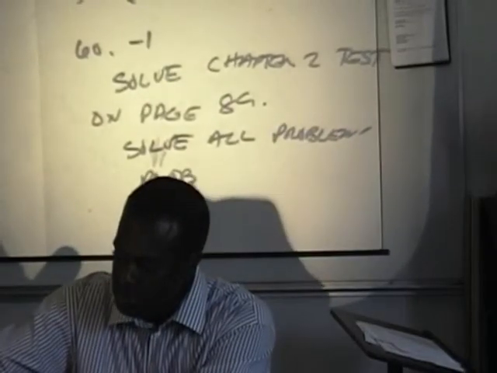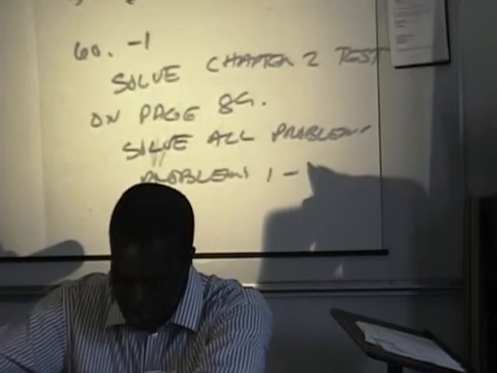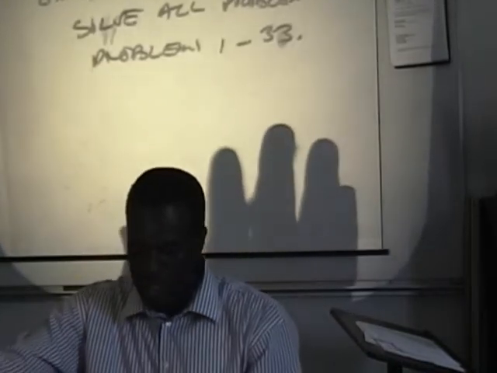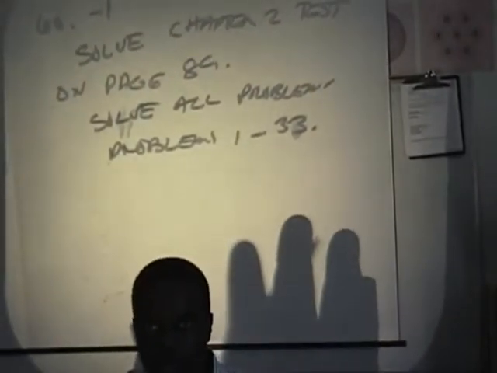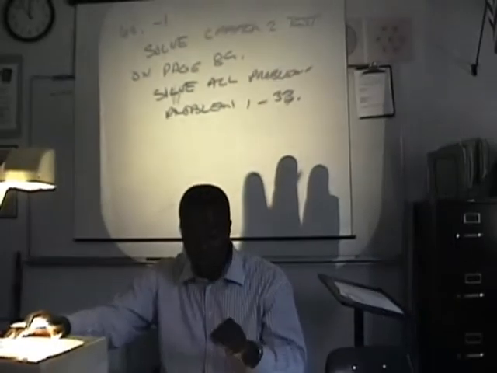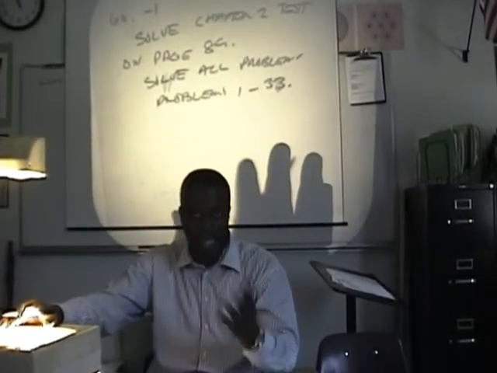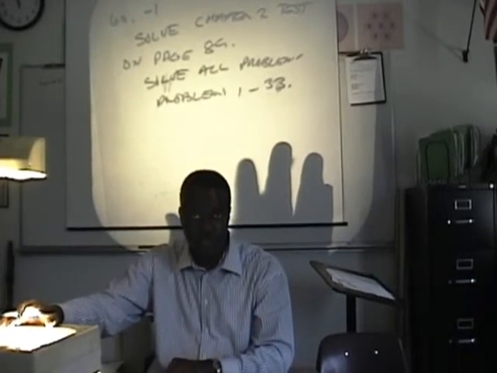That'll be problems 1 through 33. Okay? And go over every problem, and make sure that you go over every problem yourself. I think the answers to these problems are in the back of the book, at least the odd problems. Okay? Are there any questions?